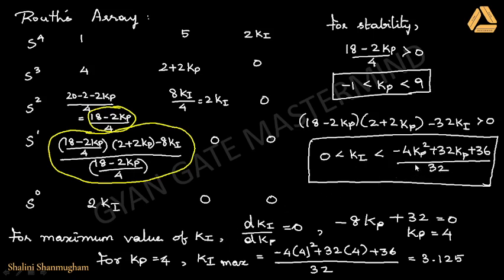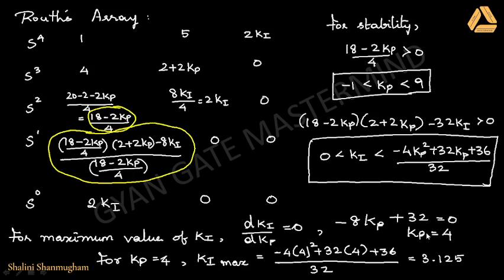For this, take this equation, because Ki is less than this expression. Take this algebraic equation and differentiate it with respect to Kp, so that you will get the value of Kp at which Ki will be maximum.